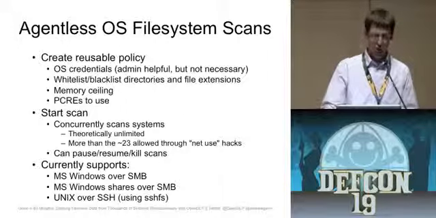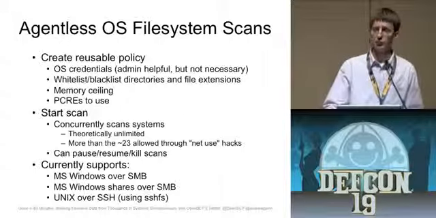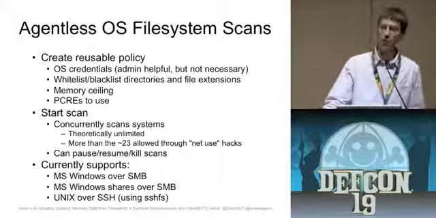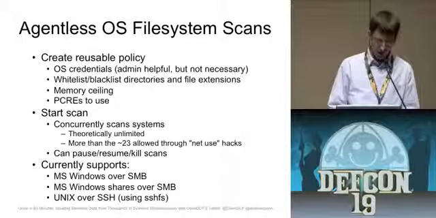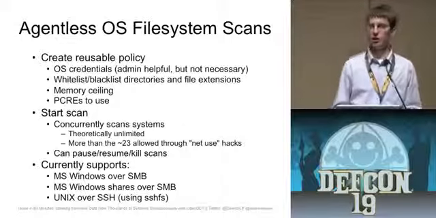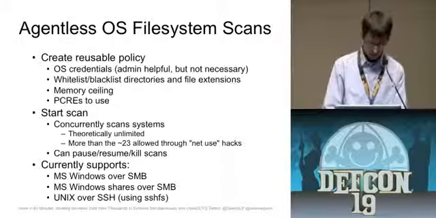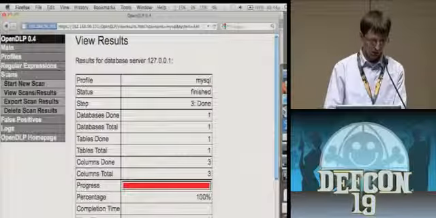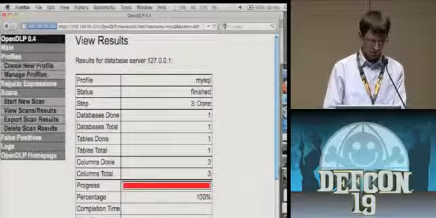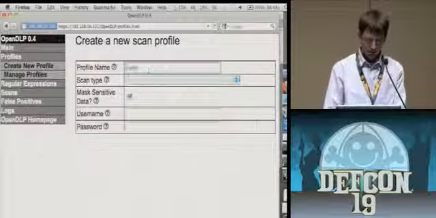And I currently have support for Windows, the entire file system over SMB, Windows shares. You guys can't see that. And then also Unix over SSH using the SSHFS method there. So I'm going to do a demo of Unix real quick. So I'll create a new profile, call it Unix.